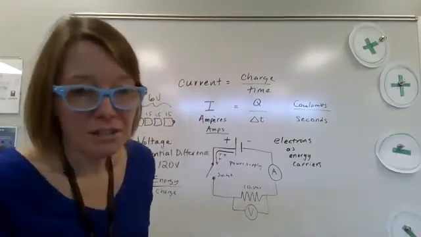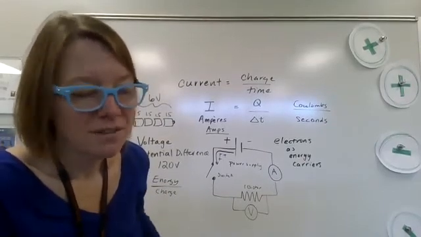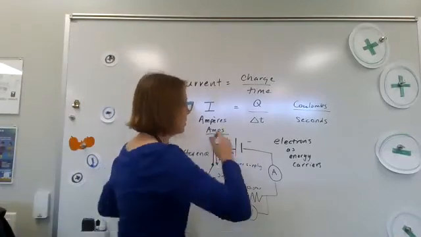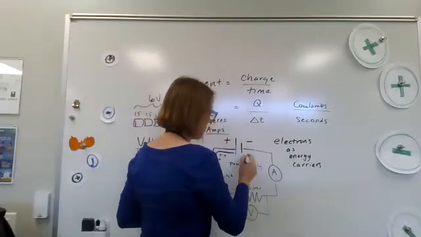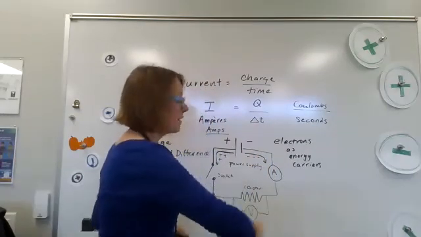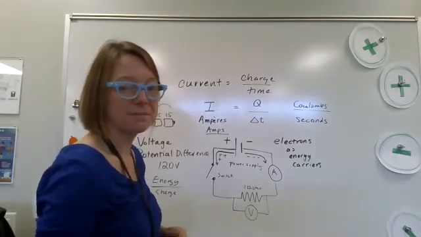That's called conventional current in the United States. The rest of the world does not use conventional current. They model charge flow with a negative charge, so they would say that the current is flowing clockwise, but it's negative charge flow.